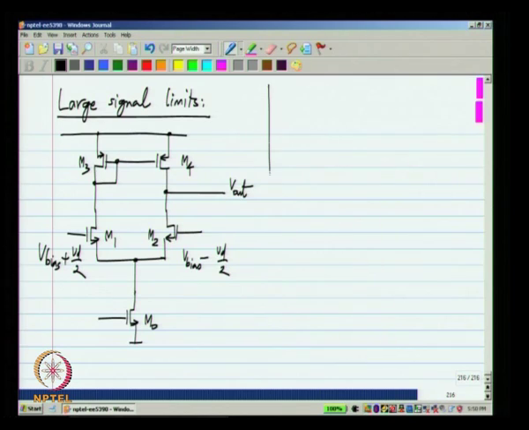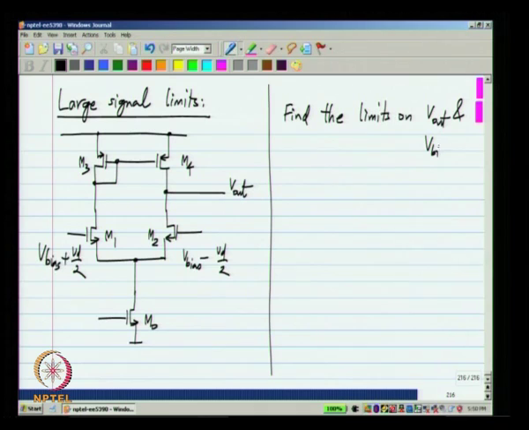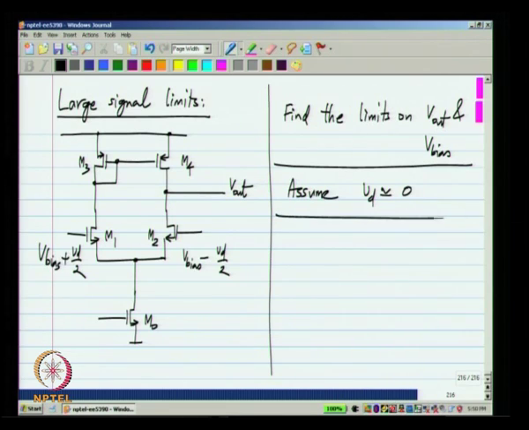So, what we have to do is to find the limits on V out and V bias. We will assume that Vd is 0.